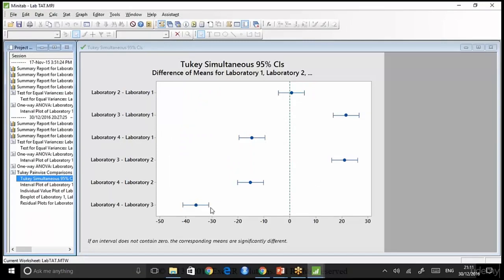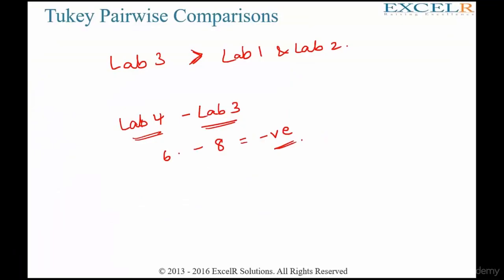It's considering all the values, so it will also consider outliers here. Considering all those values, once again it is proven that lab 3 turnaround time is greater than lab 4. Hence we can conclude that lab 3 has the highest turnaround time.